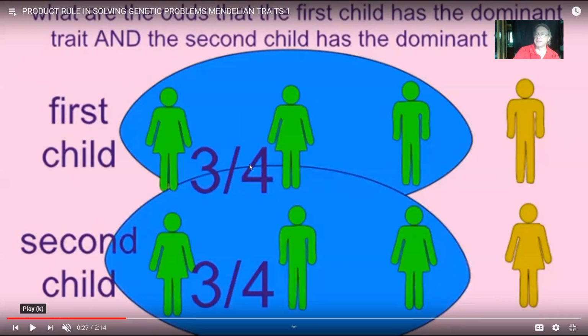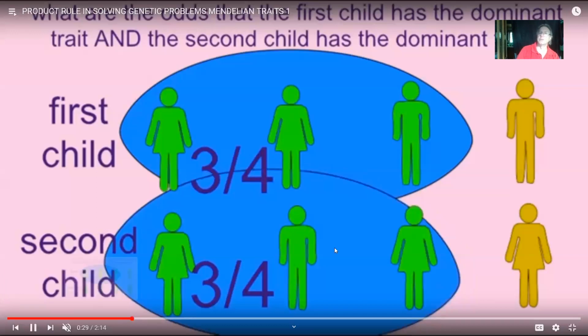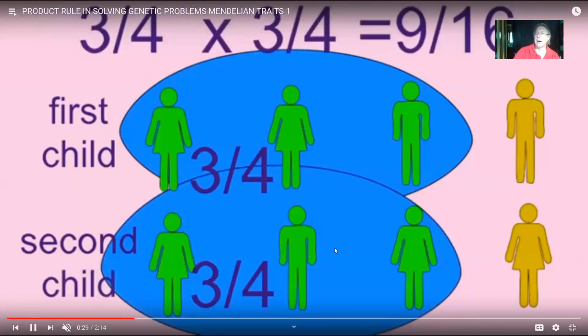Well, if the odds of having the dominant trait is 3 in 4, so 3/4 of the time a couple who are both heterozygous will have a child with a dominant trait, and that would apply to both the first child and the second child, then the odds would be 3/4 times 3/4, which would give us a ratio of 9/16.